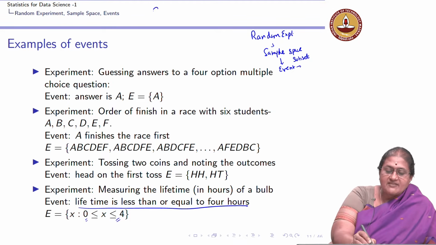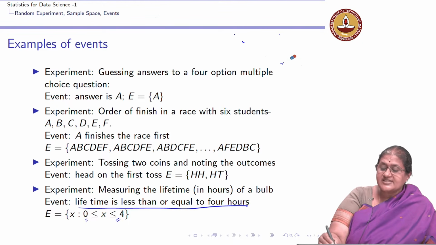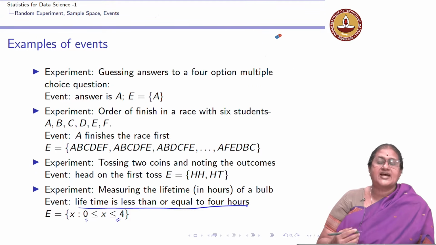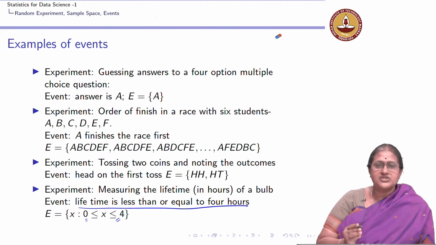So, when we have a sample space, we know that we can define all possible subsets of the sample space as events. Now, do all the possible subsets make sense? That is something we need to see, but theoretically we can define all subsets as events. Whether they make sense or not, we need to see depending on the context of the experiment.